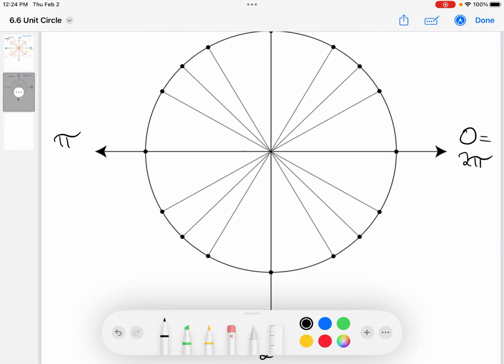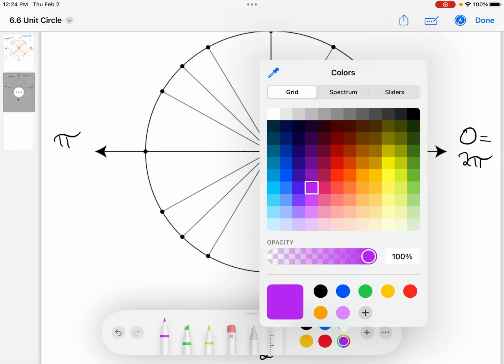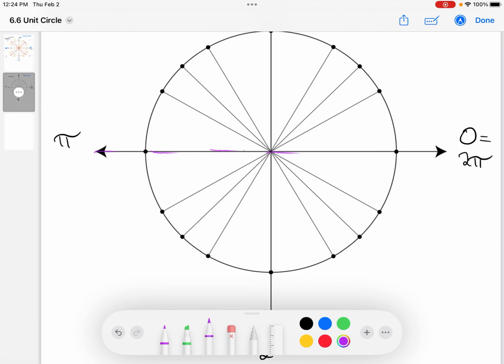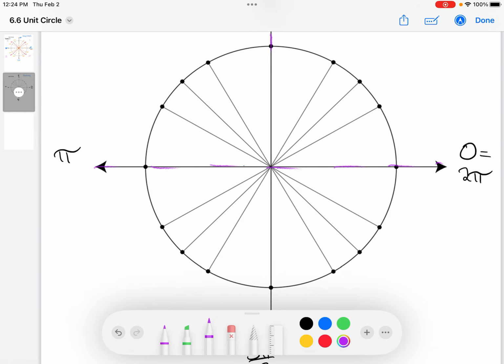Now, similar to before, okay, all of those measurements were on an axis. We're going to do the same thing. We're going to divide the axis into its pieces.